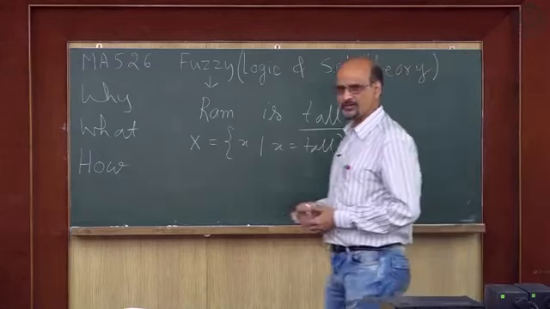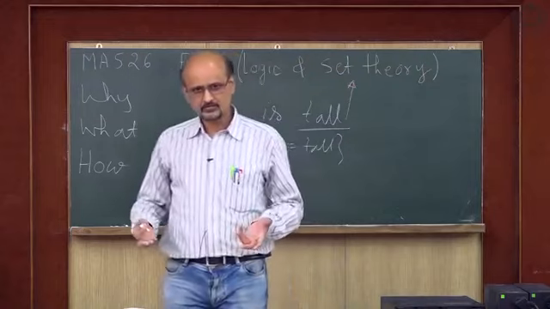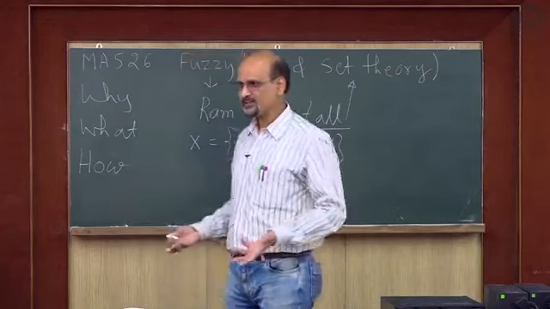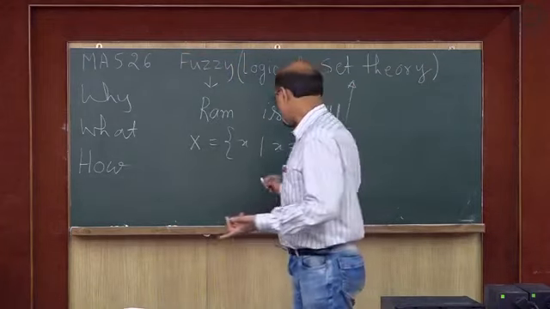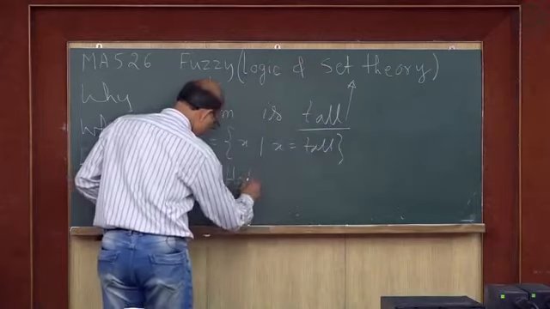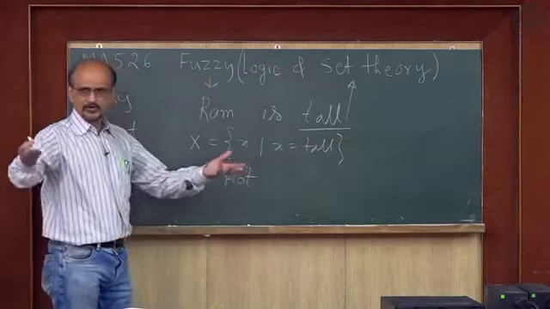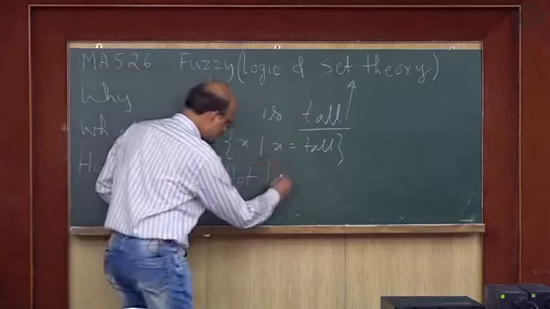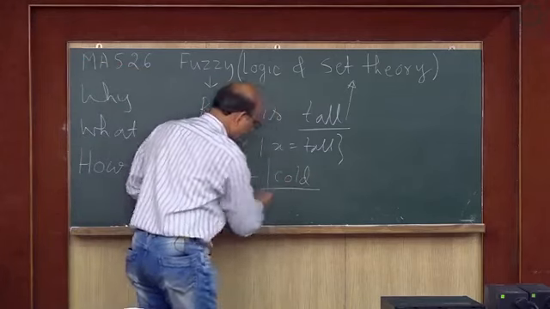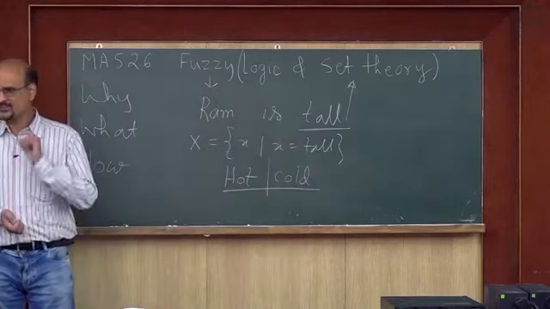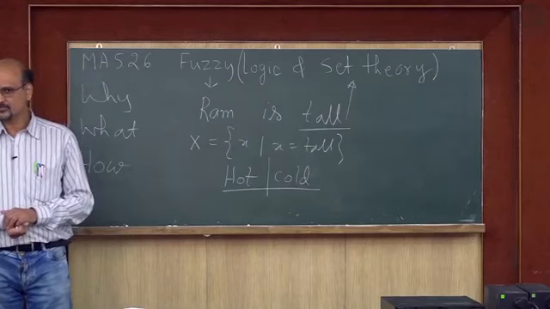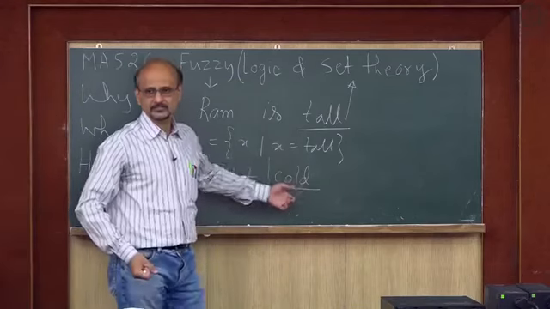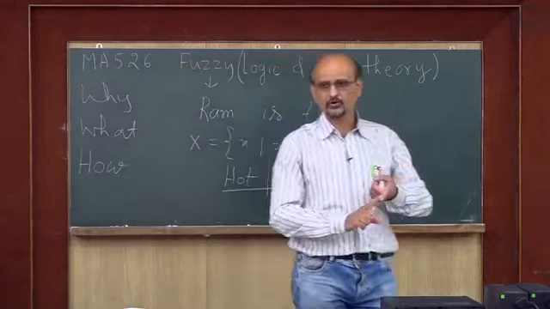Suppose I ask what is the weather today. One may say that this is hot, I can say this is hot. Okay, somebody having suppose fever or something, she or he will say it is cold. Do you have any other answer? You do not have till now any other answer. You have either hot or cold.